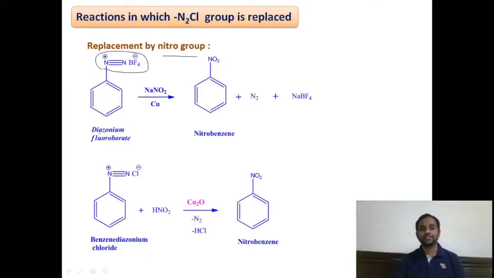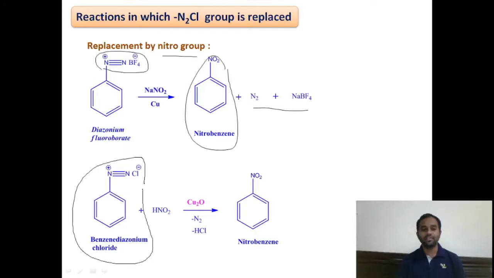Right, if we take the diazonium fluoroborate and treat it with sodium nitrite in presence of copper, we will get the nitrobenzene as the product. Here these are the side products. Of course, if we take benzene diazonium chloride as the reactant, we have to follow the other condition.